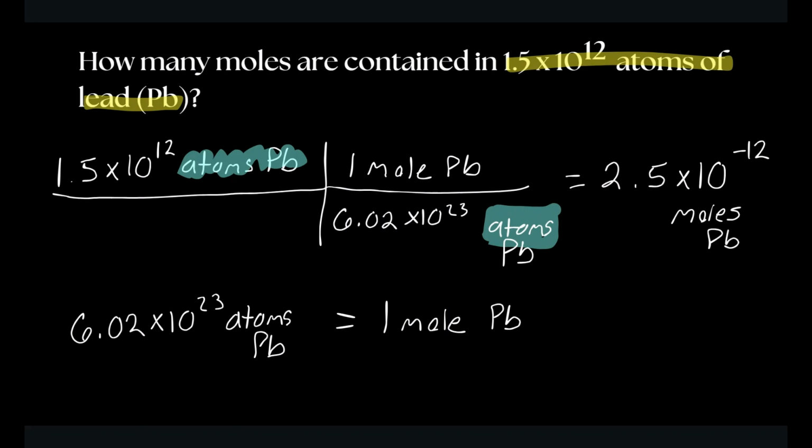Now again, we do have to be concerned with our significant figures. When looking at something in scientific notation, I'm concerned with only what we have out front, which is our 1 and 5. So this means I have 2 significant figures, which means that in my answer, I should also have 2 significant figures in it.